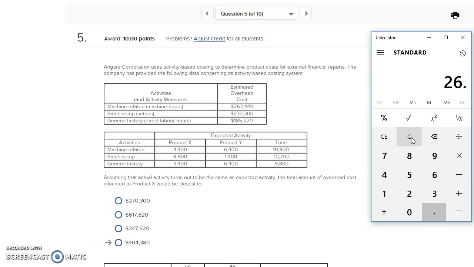And 26.50 times 8,800, 233,200, and 3,400 times 18.90, 64,260. Okay, so again, let me add these up. 233,200 plus 106,920. So 404,380.